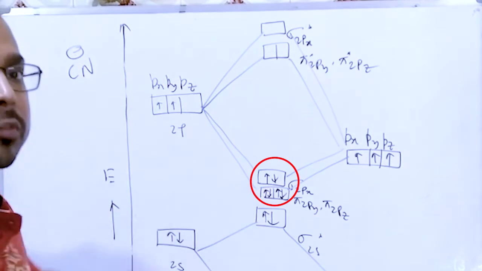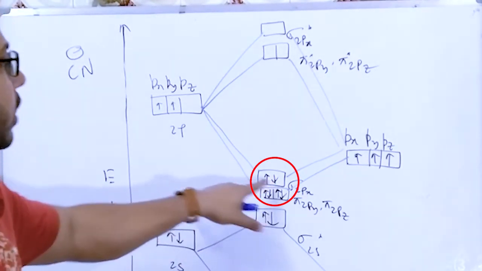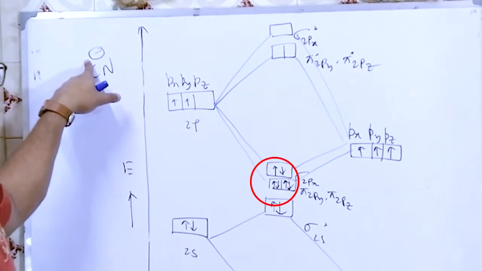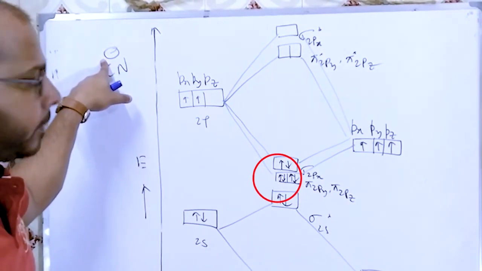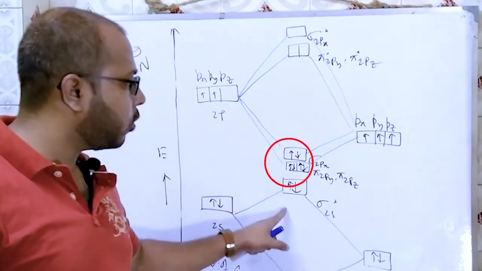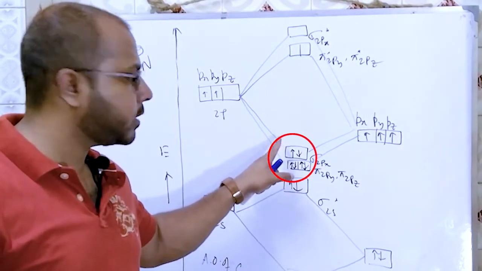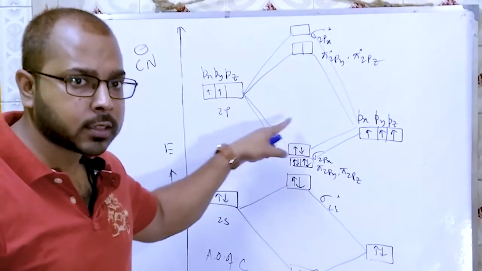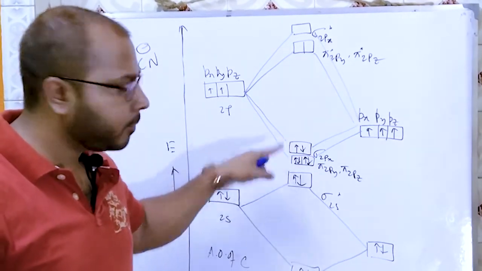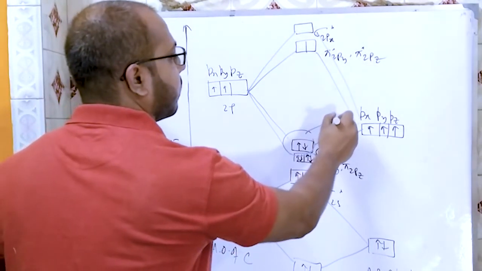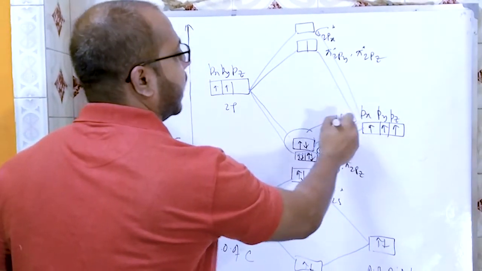This electron comes from where? This electron comes from the CN minus. Okay, so this is homo, occupied, but this is highest occupied, so this orbital is homo, sigma 2px, I mentioned earlier, this is homo. And this is LUMO.